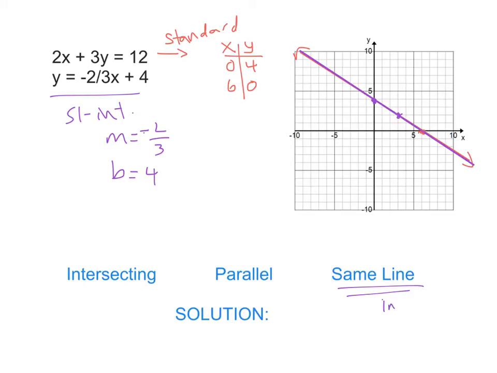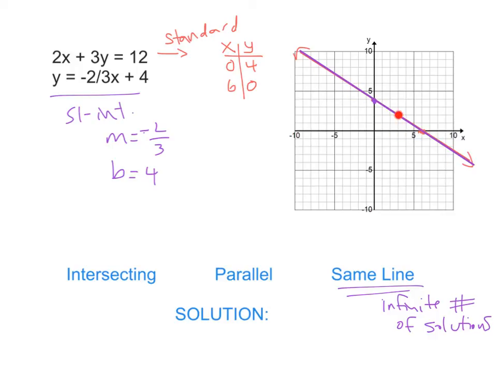So there is what we call an infinite number of solutions. Now, it doesn't mean that every single point is a solution. It just means there's an infinite number of them, because any point on the line, either the red line or the purple line, because they're the same line, any point on those lines is a solution.